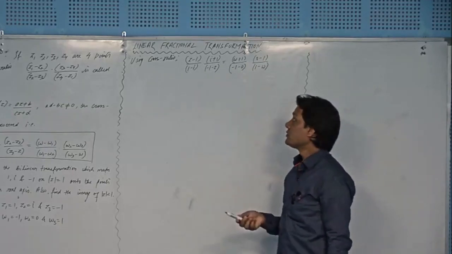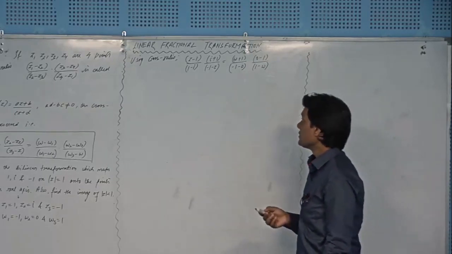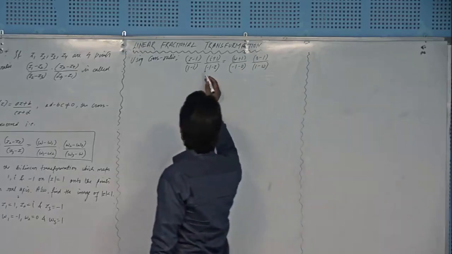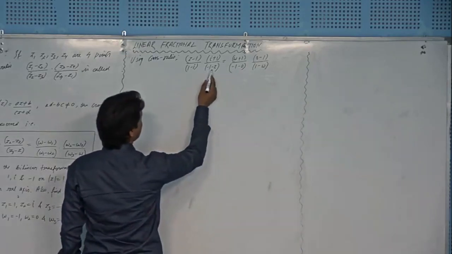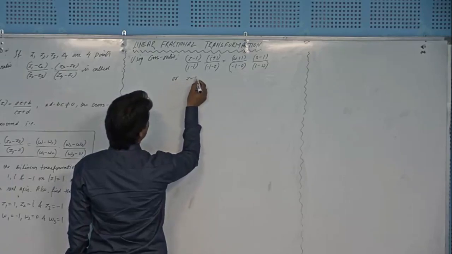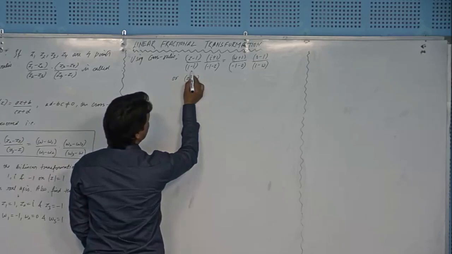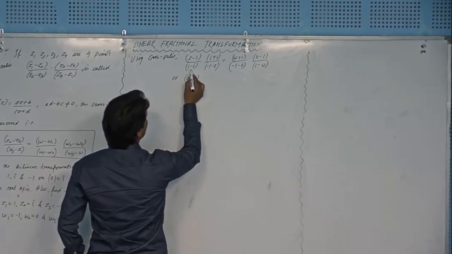Maybe I will be applying componendo or dividendo, right, in order to obtain w in terms of z, right? So that will produce, I think, I have to simplify it, or z minus 1, and if I rationalize this, I think it should be 1 plus iota.